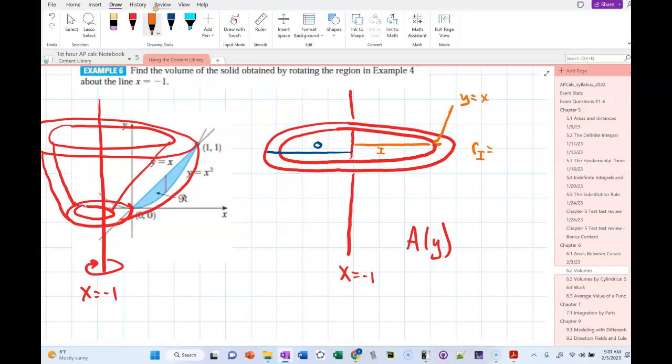That's just some cross-section. It doesn't necessarily have to be anything in particular, just some cross-section. Is that okay? Okay.